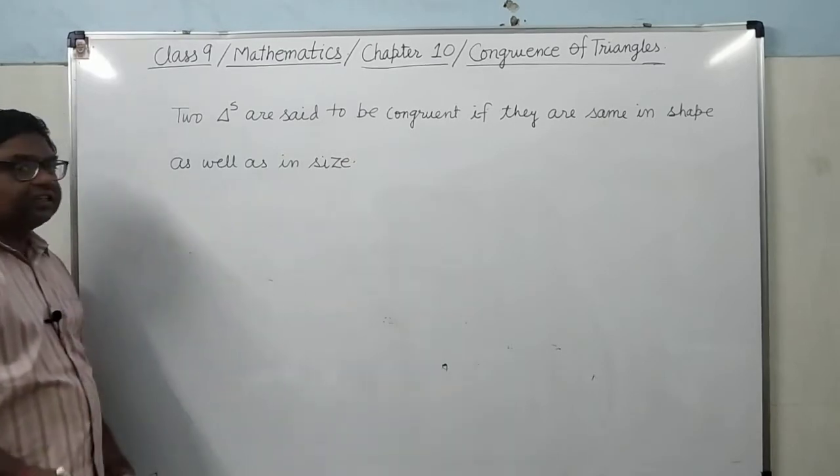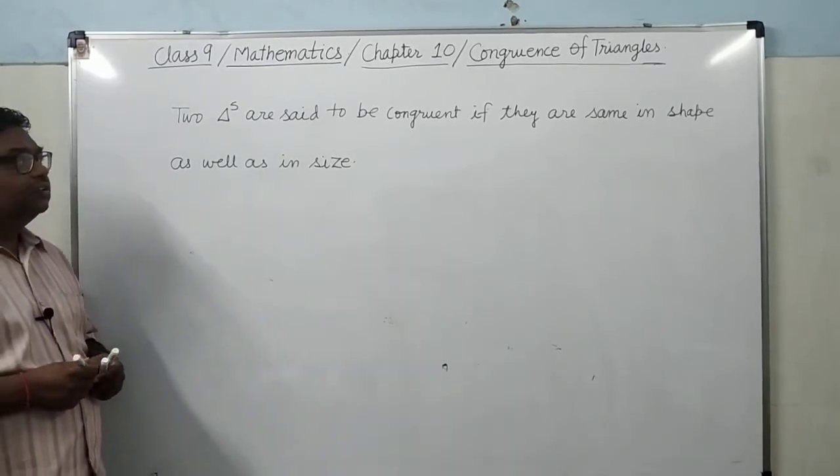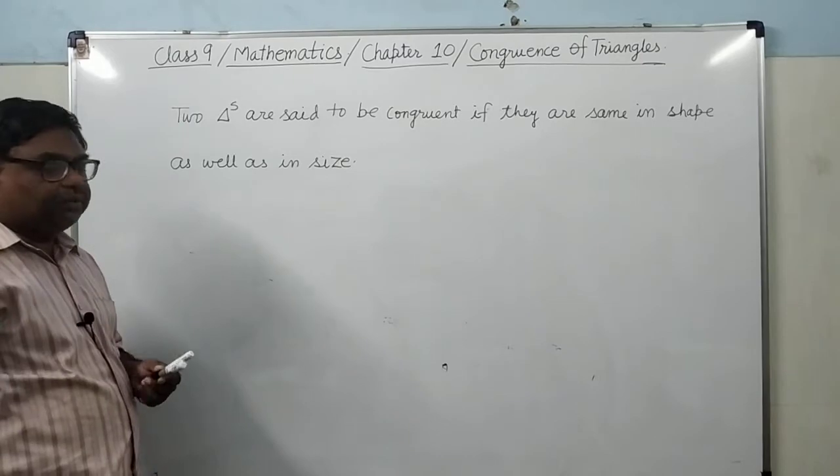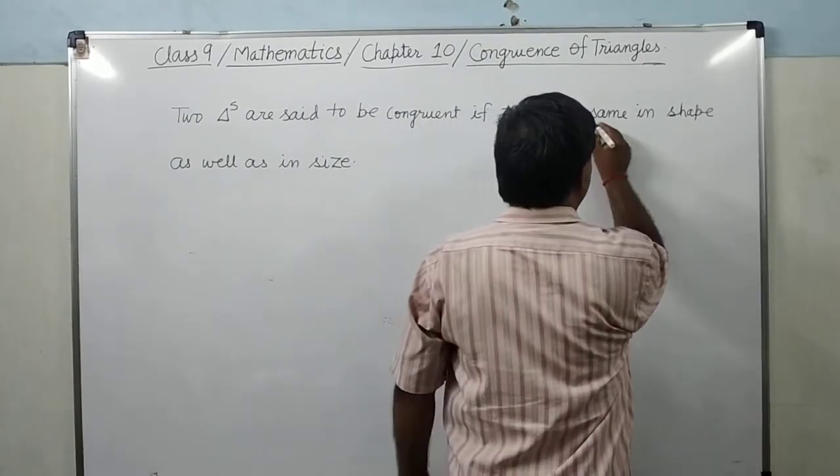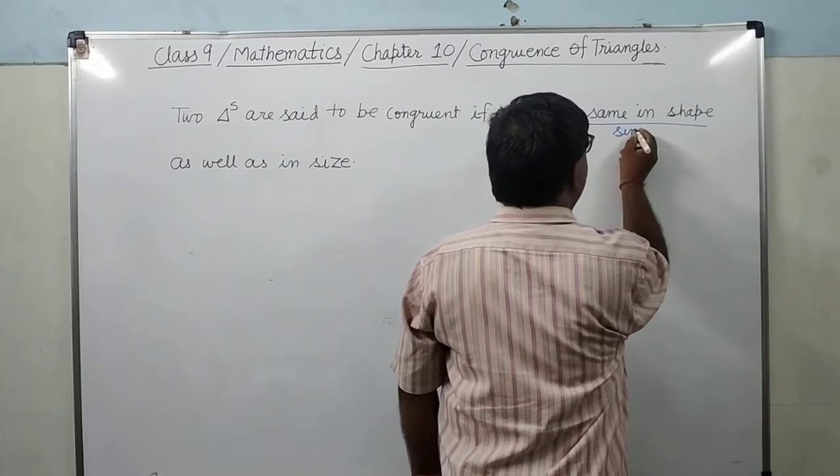Then only they are said to be congruent. Same in shape means they will be similar. It's clear? Same in shape means similar.